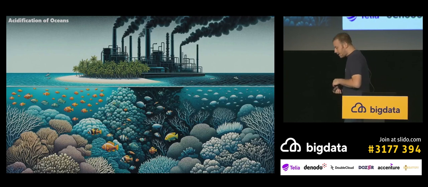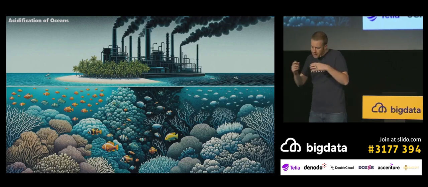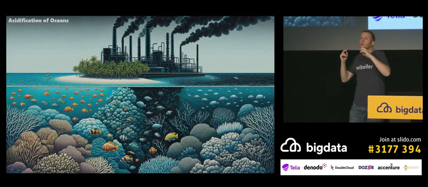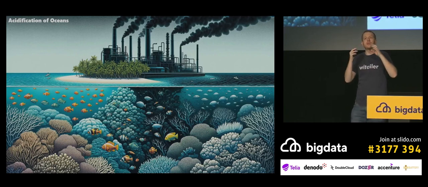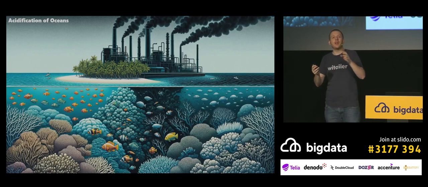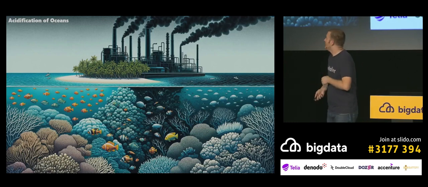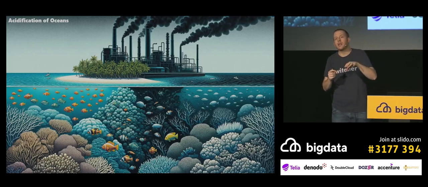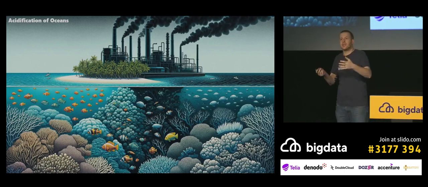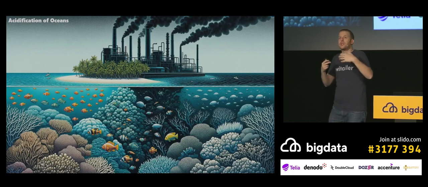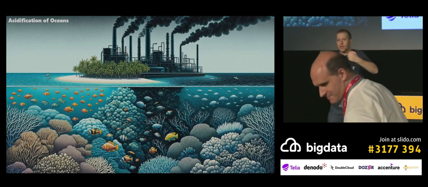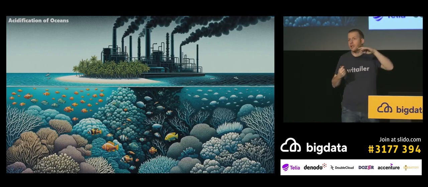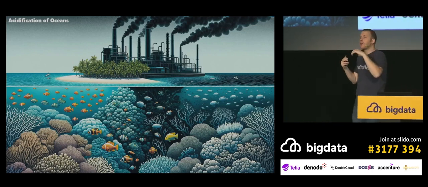Another thing that is not really connected to this presentation, but I want to give you as an assumption so you can deep dive later, is what is happening in the oceans when CO2 is increasing. When CO2 increases in the atmosphere, the oceans take up a part of it, and the pH, the acidity, increases.